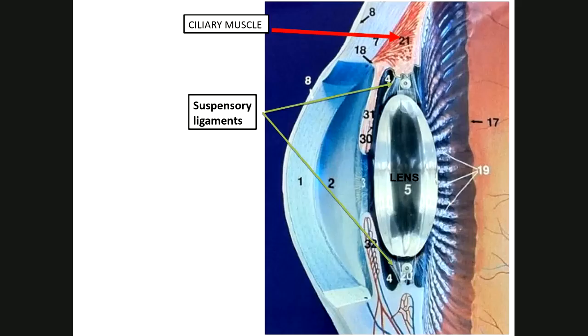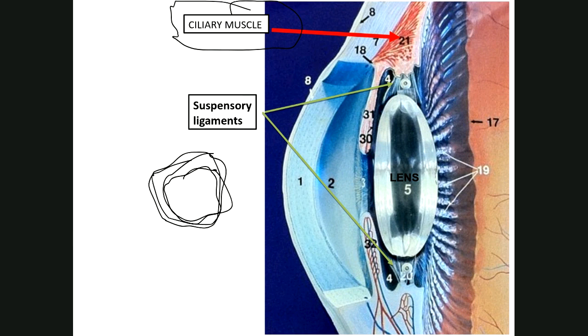Well, let's look at this ciliary body. Not only does the ciliary body make aqueous humor, but it has another job too. Not only does it have this secreting portion, but it also has a muscle. So there's a muscle that goes all the way around the front of the eye like this. It's the ciliary muscle.